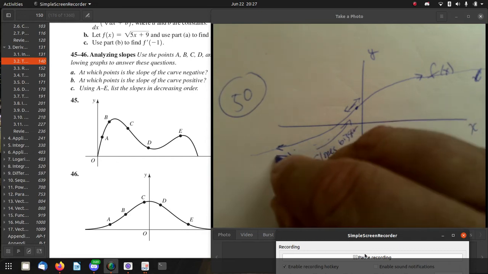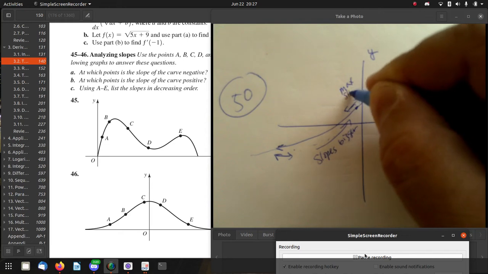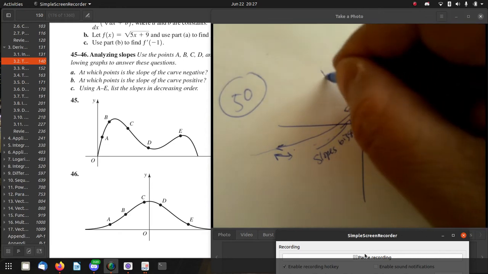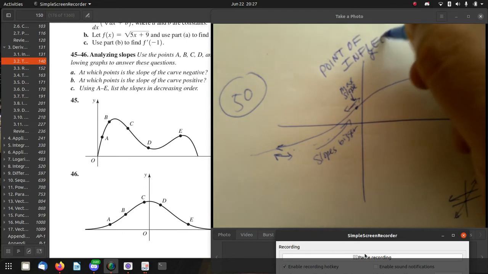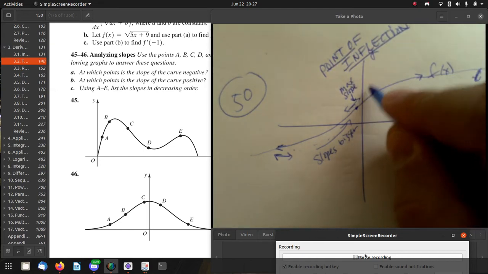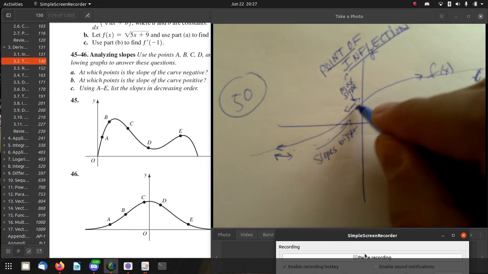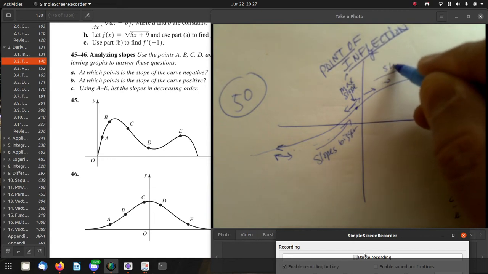That's a relatively flat slope. Then they hit a maximum slope here. By the way, that's called the point of inflection. So they hit a max, and then they change. The reason it's called a point of inflection is because they hit the max, and then they start to decrease. The slopes get smaller.